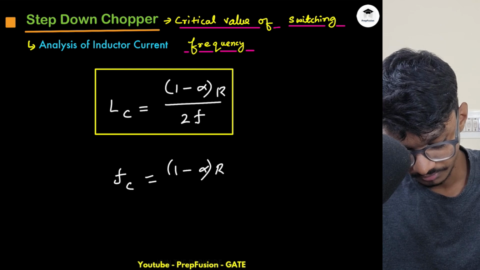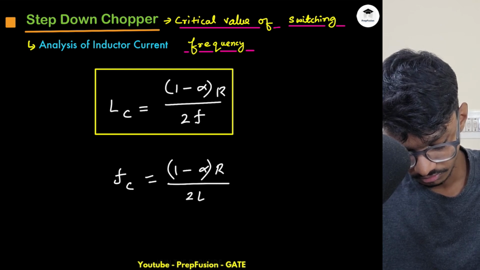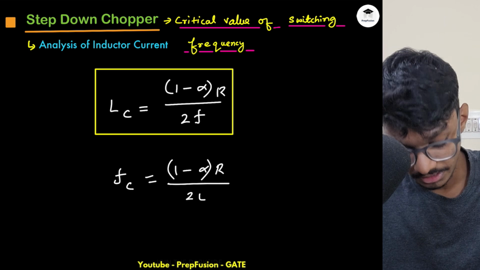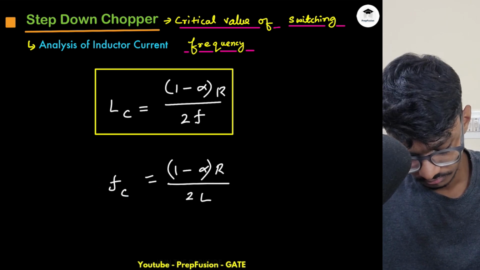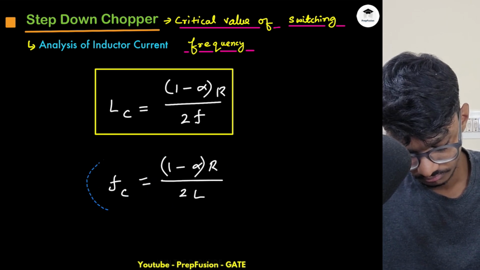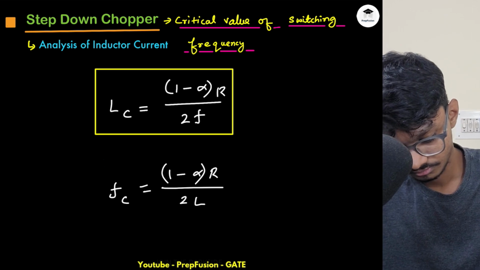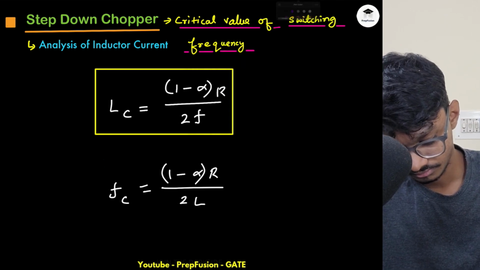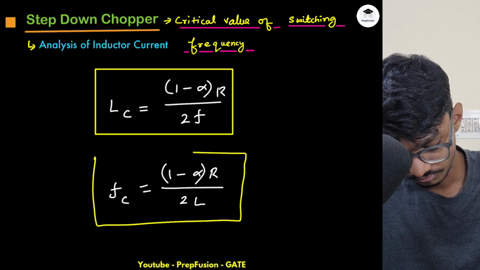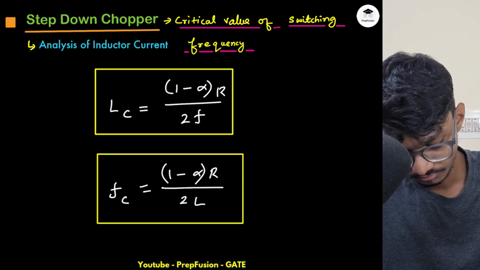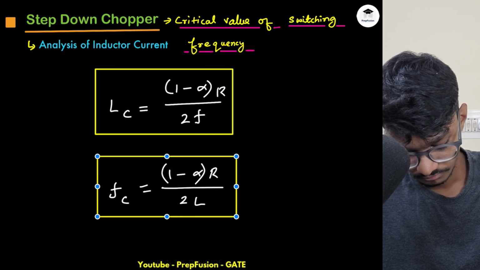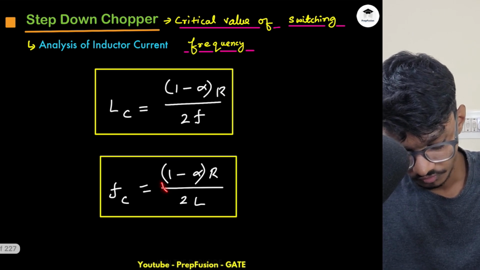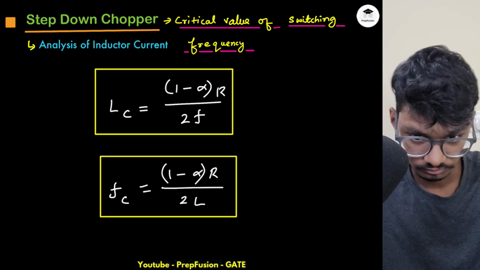So it will be 1 minus alpha divided by 2 LC divided by 2L, because L is a constant value. So FC is equal to (1 minus alpha) into R divided by 2L.